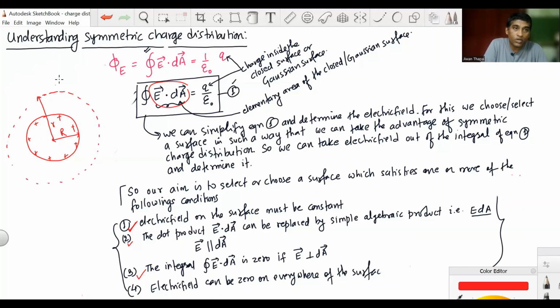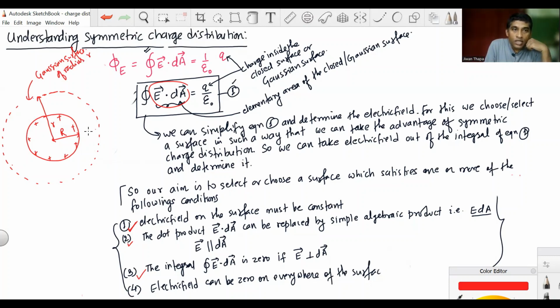This is a uniform Gaussian surface. This is not looking like a perfect sphere, but keep in mind it is a uniform sphere, a Gaussian surface of radius r.